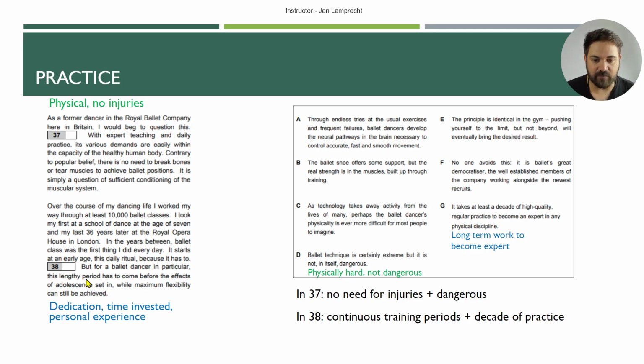Again, it's talking about period. Well, maximum flexibility can still be achieved. Well, that's not really relevant, but you can become an expert. If you're a ballet dancer, you need maximum flexibility. So this is the strategy you need to do your best in this specific part of the test, of this paper.